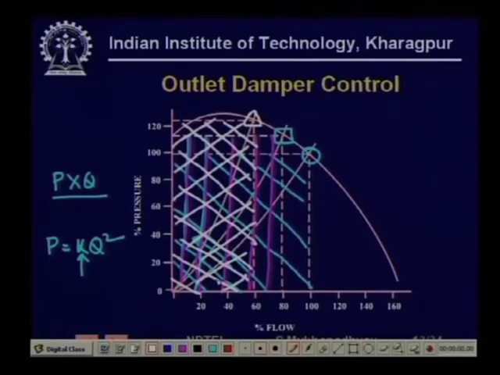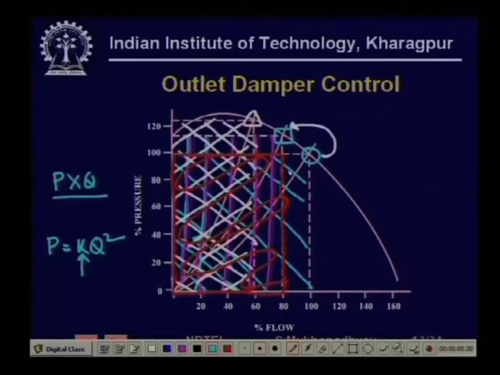Okay. So, you can very well see, if you move from this operating point to this operating point, what is the difference in energy? This part is common between them. Can you see that? So, this is common. This is gone, on the other hand, and this is added.